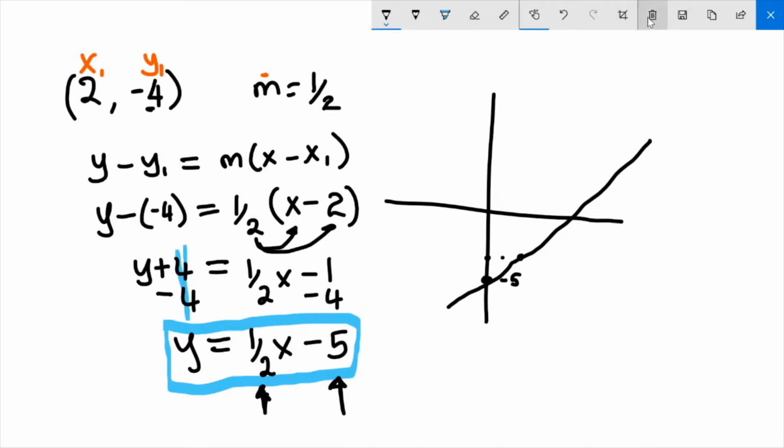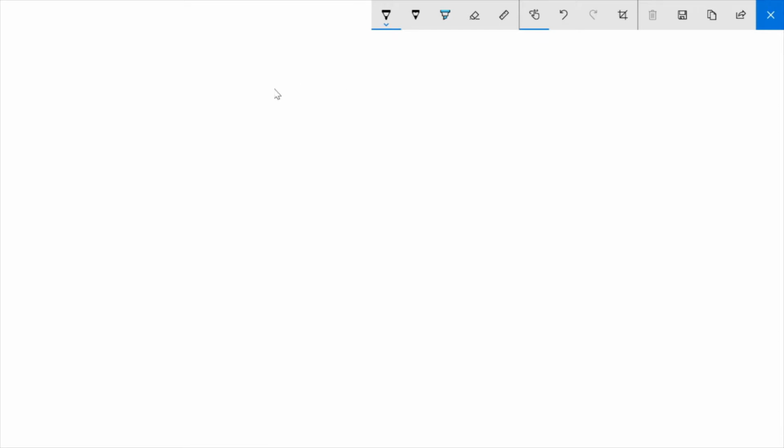Example number 3. You're told to write the equation of a line in slope-intercept form given a point (negative 4, negative 2) and the slope is 3 over 2.